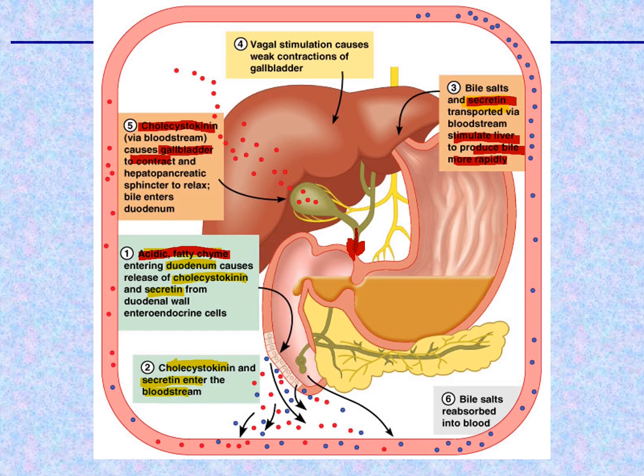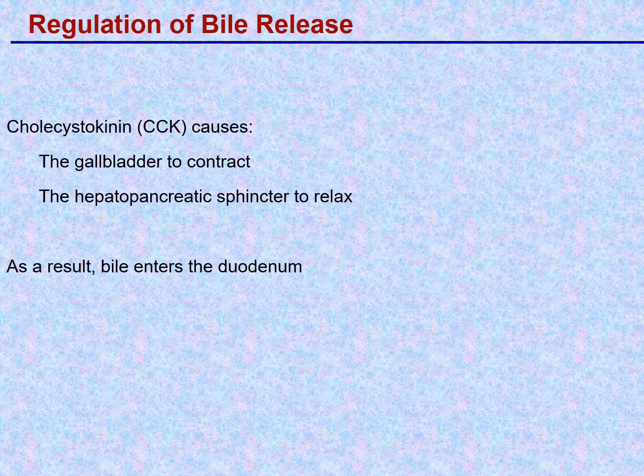So secretin upregulates bile production in the liver, and cholecystokinin triggers contraction of the gallbladder and relaxation of the sphincter that controls entry of the bile into the duodenum. And that's what it says here. CCK will trigger gallbladder contraction and hepatopancreatic sphincter relaxation. And so bile flows into the duodenum, all triggered by the presence of acidic, fatty is the key word, chyme in the duodenum.